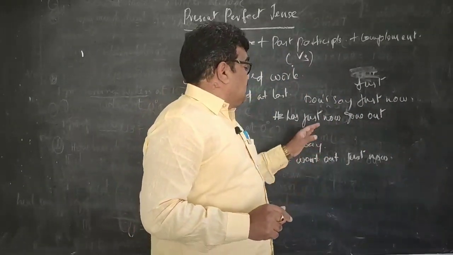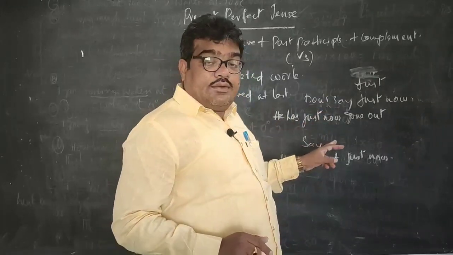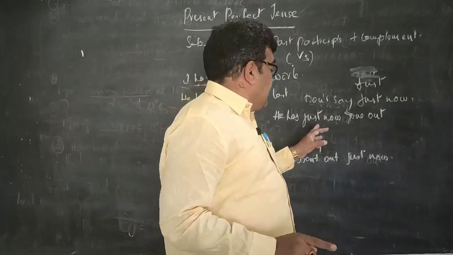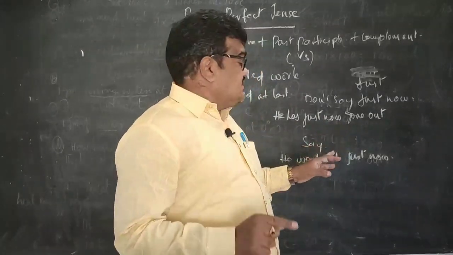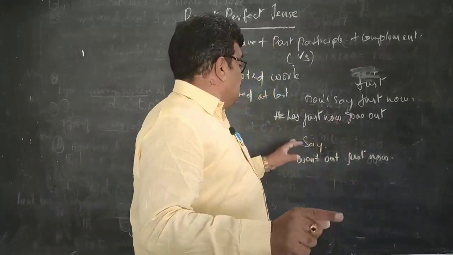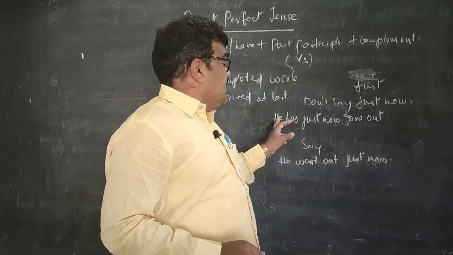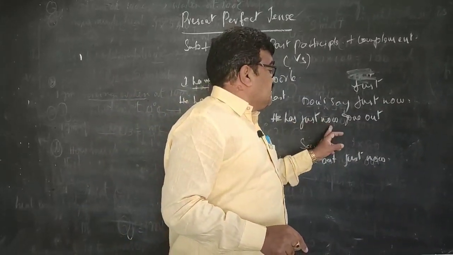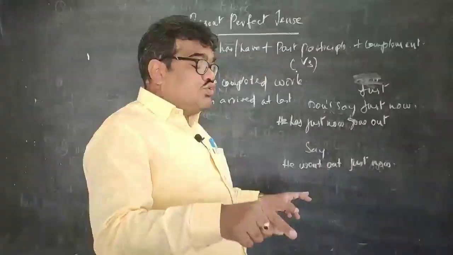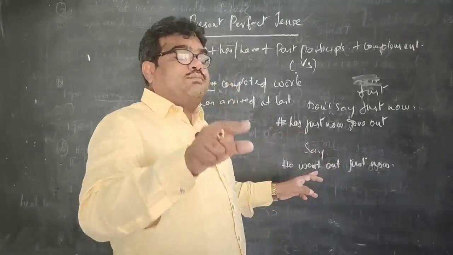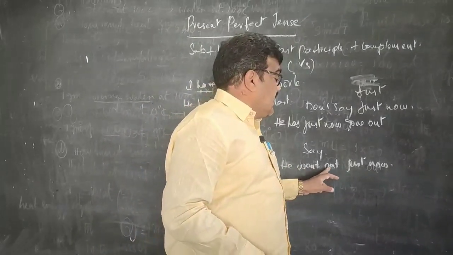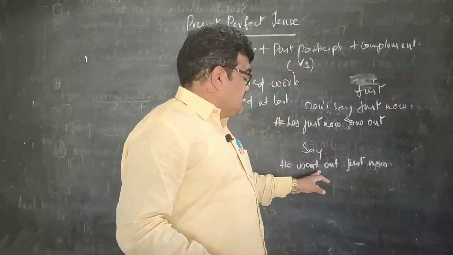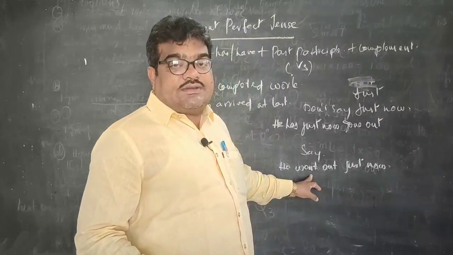I told you that present perfect tense takes only just, whereas simple past takes just now. So you must not say he has just now gone out. You have to use just now with the simple past. Here is the example: he went out just now. So this is in simple past tense.